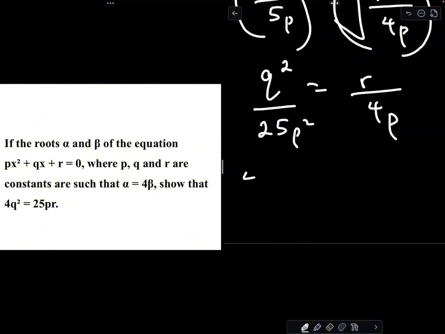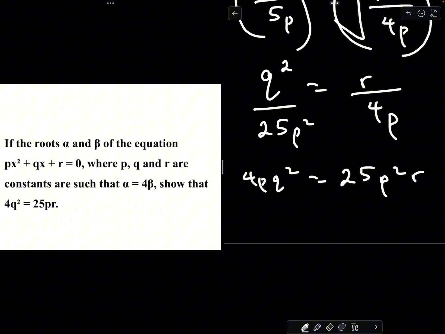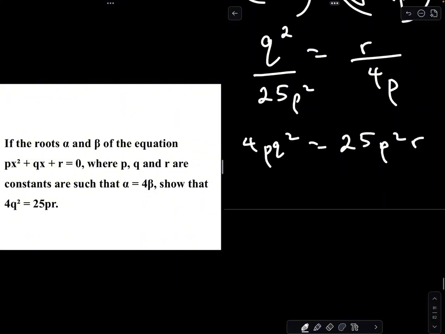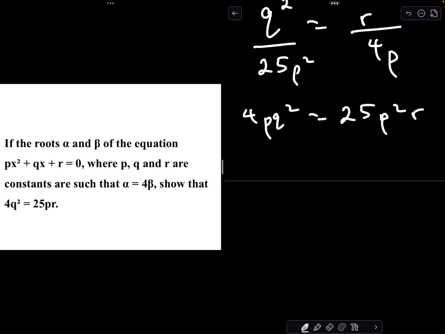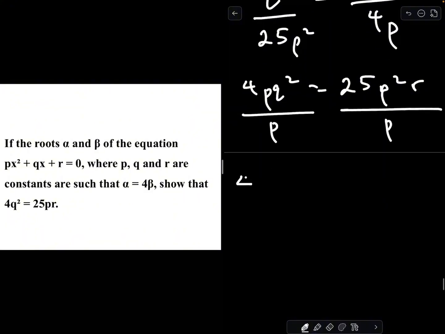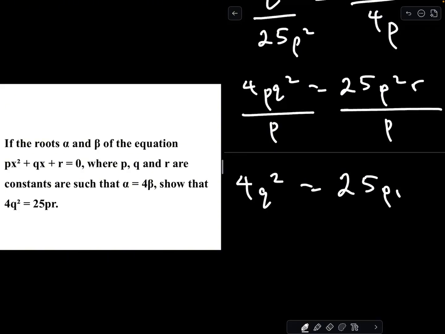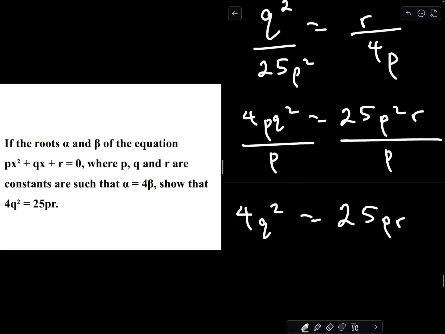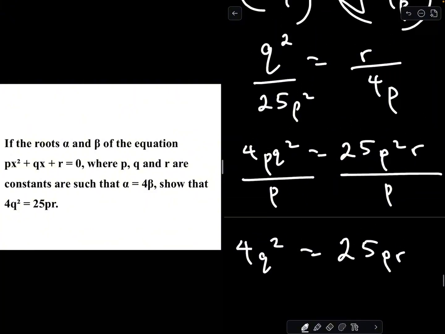That's it. And they said we should show that 4q square is equal to 25pr. So if I divide through by p, I'm going to have 4q square equals 25pr. And that's the proof, very, very simply.